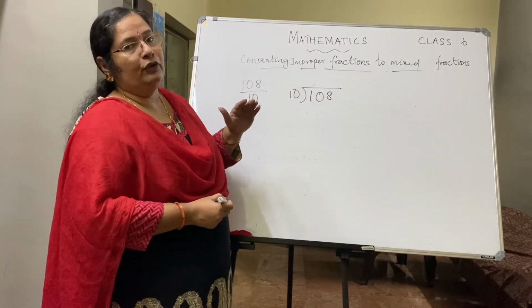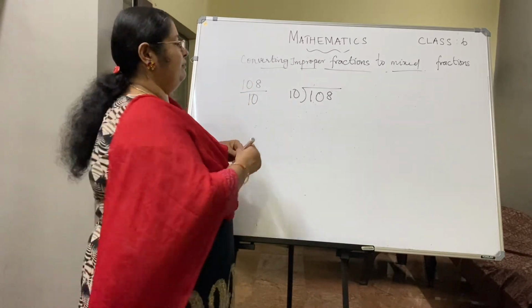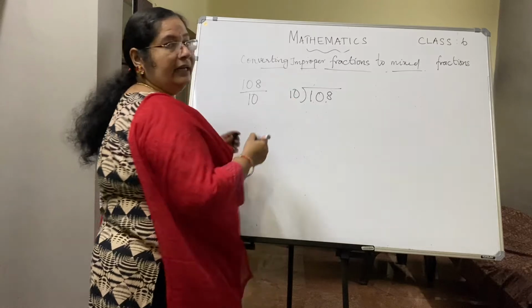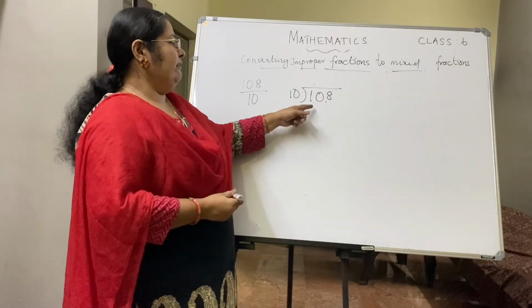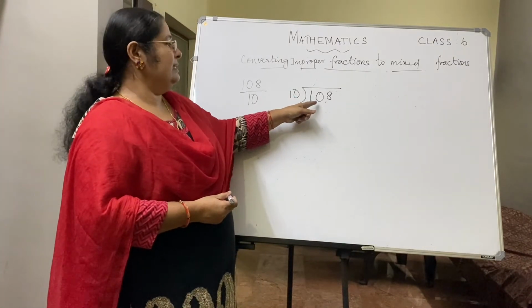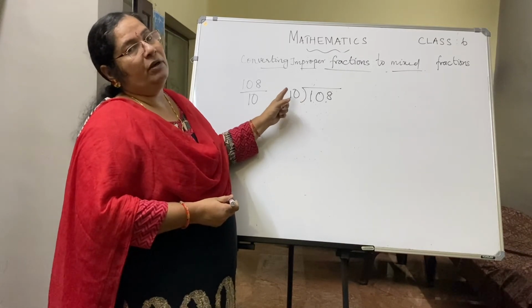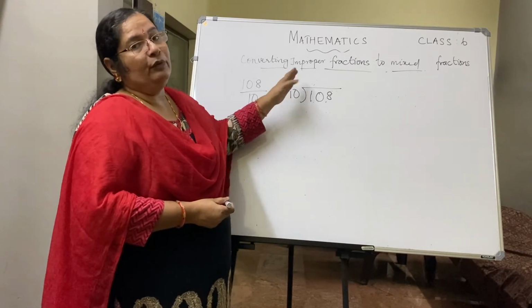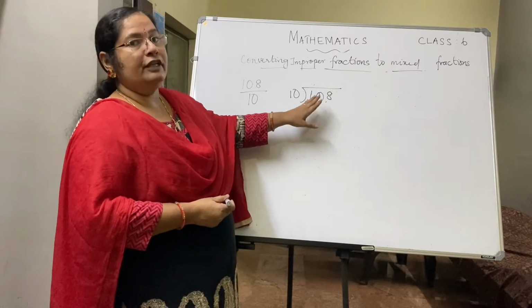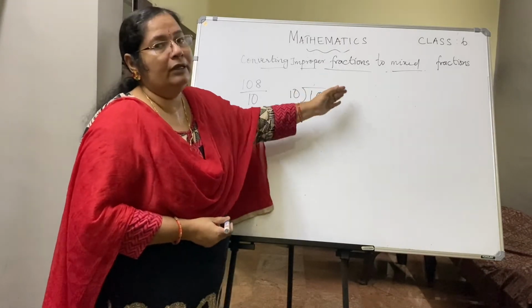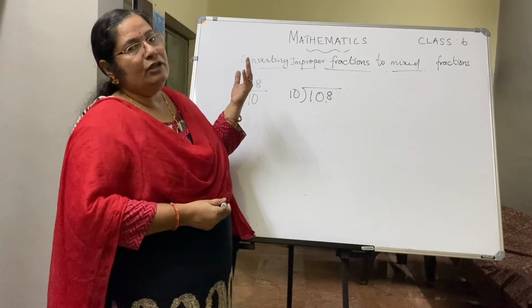So what you will do? You will take the first 2 digits, and see whether this is greater than or equal to the divisor. Only if it is equal to or greater than the divisor will you divide it. If it is not so, then you will take all 3 digits together. That is the normal way of dividing.